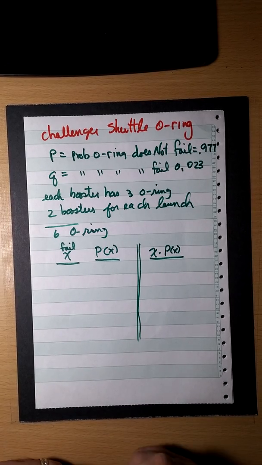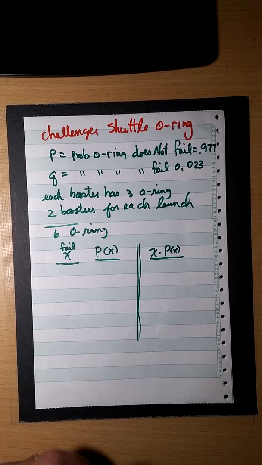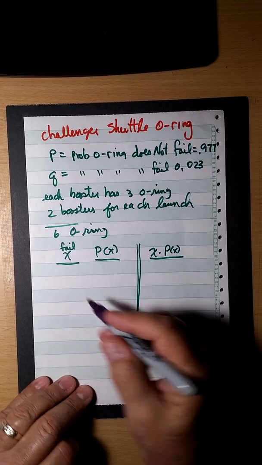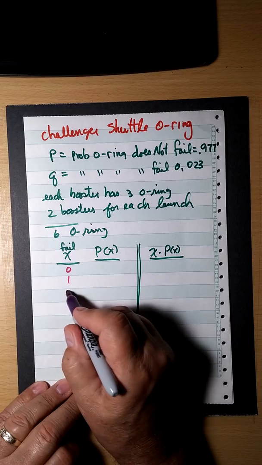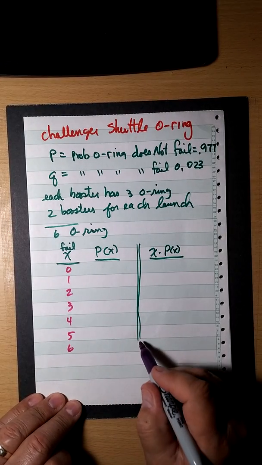And perhaps they looked at this the same way, I don't know. This is probably very simple compared to what they would look at, but it's sort of an interesting look. So we could have none fail, 1, 2, 3, 4, 5, or all 6 fail.